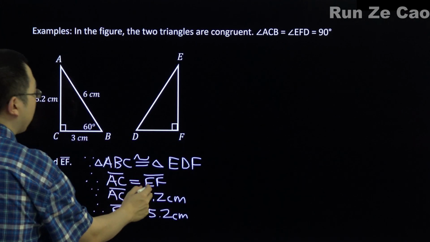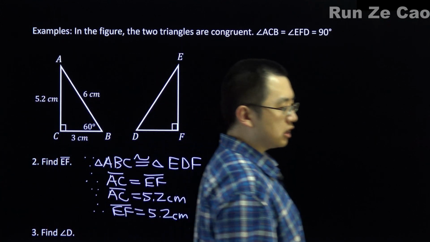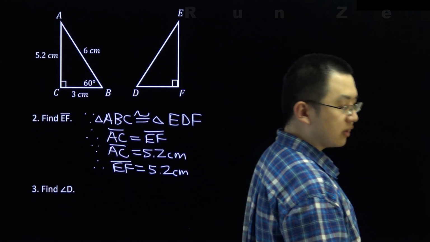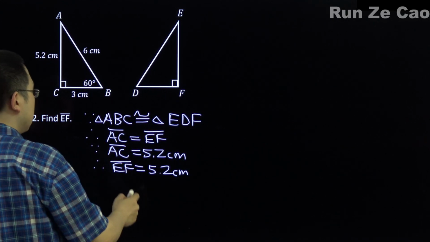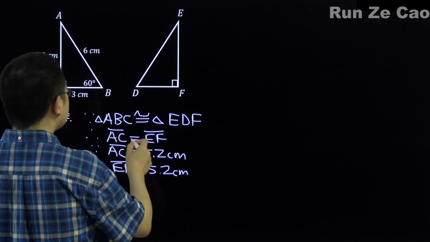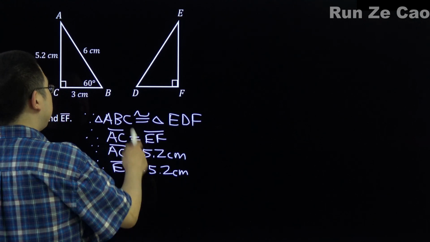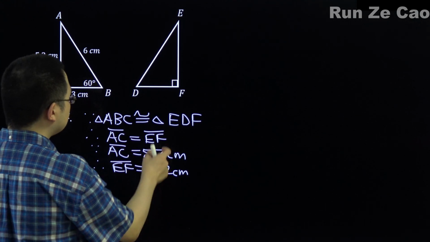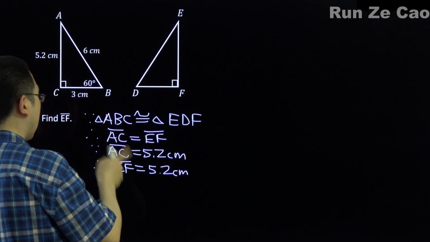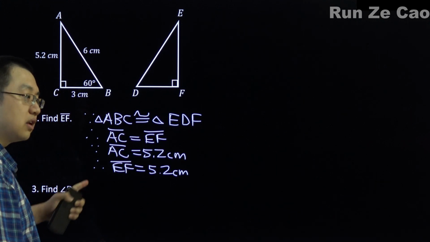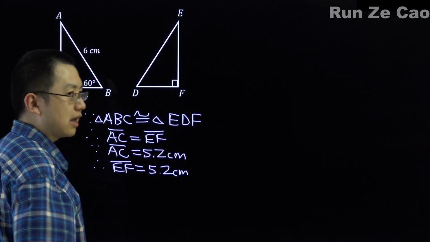Or you could have gone, therefore, EF equals AC equals 5.2 centimeters. It's just a quirk of the order we wrote these in that, depending on convention, you might actually be allowed to go AC is equal to EF equals 5.2 centimeters. Just like that. But that seems to suggest that 5.2 centimeters was coming from the EF side, which it was not. That's why I had these two extra lines, because of the order that this second step was written in.